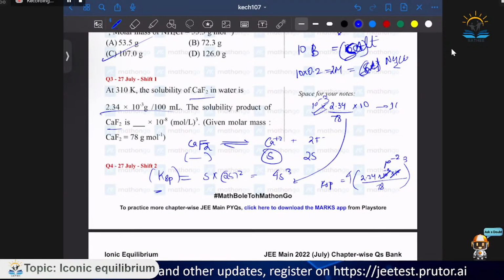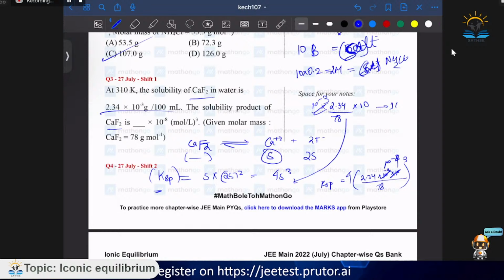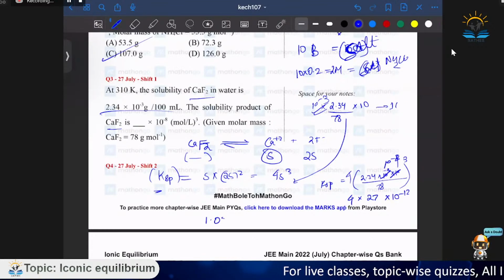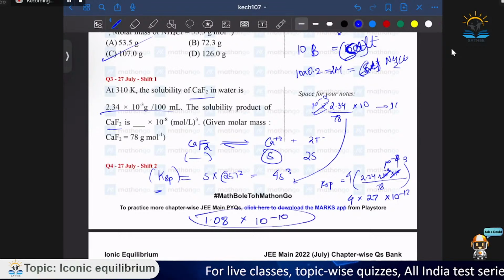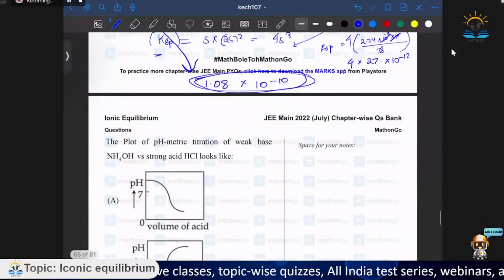We take this as 4 into 27 into 10 to the power minus 12. So the answer is 1.08 into 10 to the power minus 10. This is the value of KSP.